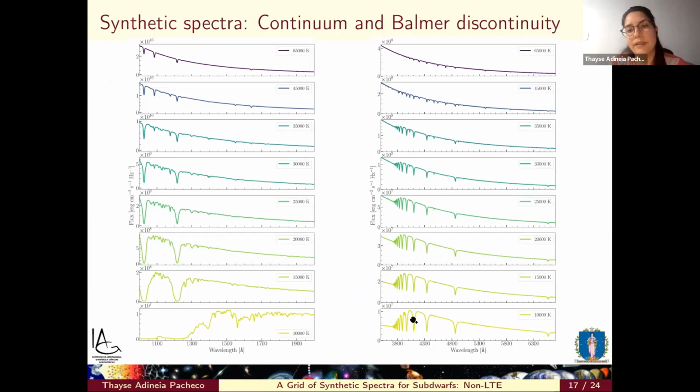And here the Balmer discontinuity is almost unseen in the hotter spectra, and we can see the Balmer discontinuity better in this cooler spectra.